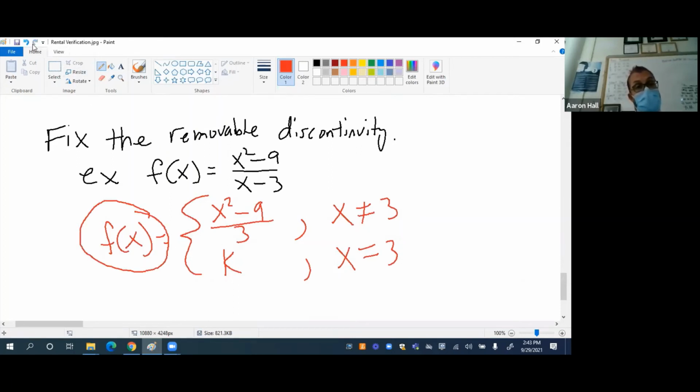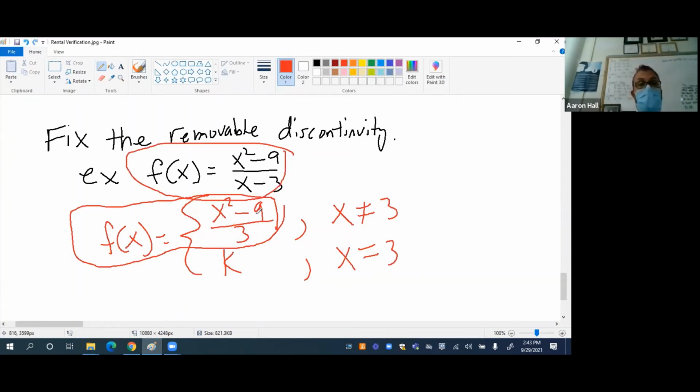So I have two equations here. My piecewise is made up of two equations. One is this one, which is written here, and then the other one is here. So this is my y value. Well, where's my x value? My x value is here.